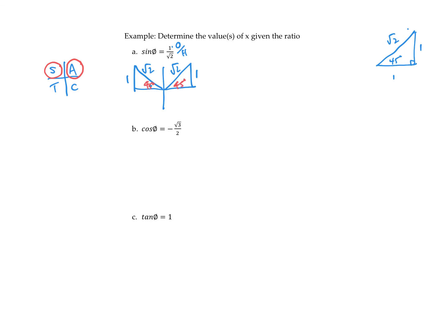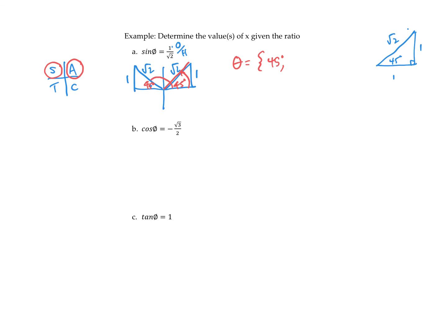Once I've found that related angle, I can state my answer. So theta is always starting at 0 and going in the counterclockwise direction to the terminal arm. So in quadrant 1, it would just be 45 degrees because that's from 0 to the terminal arm.